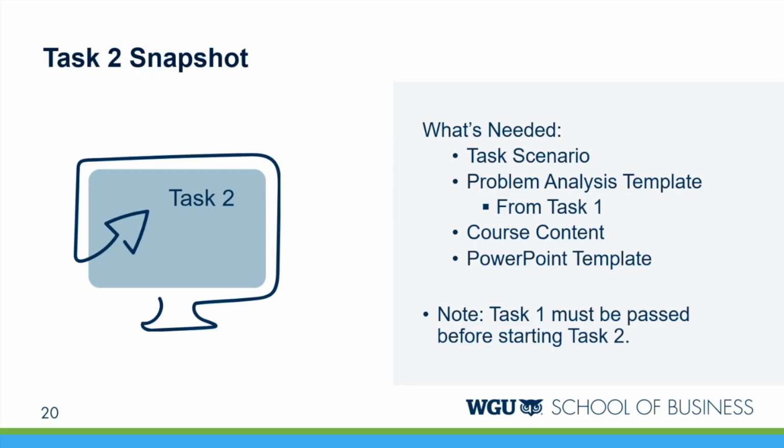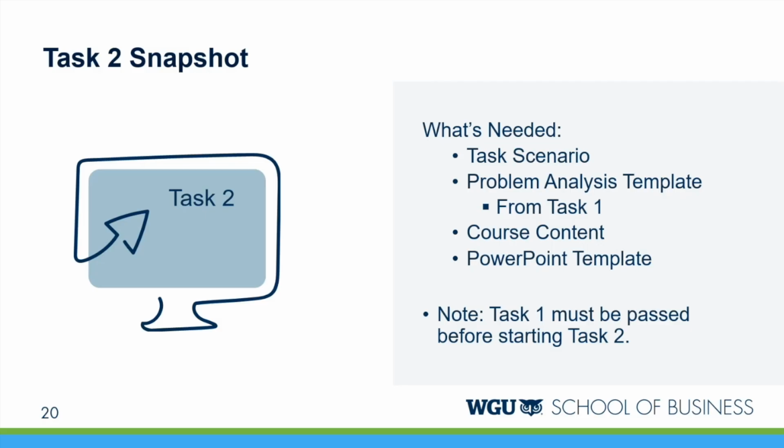All right, so for task 2, you've finished task 1, you've got all of that data, you've figured out the root cause, you've got your problem statement. You're going to keep all of that information to work on task 2. Don't start over, because if you shift your focus, it's going to get returned. They want task 2 to reflect what you did in task 1.